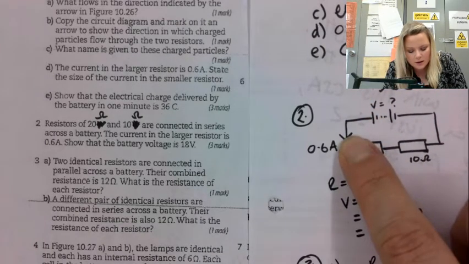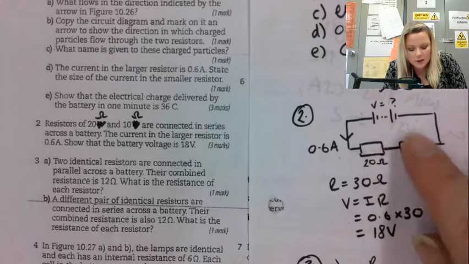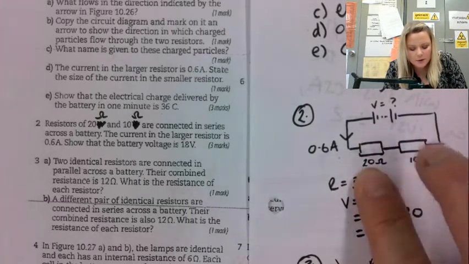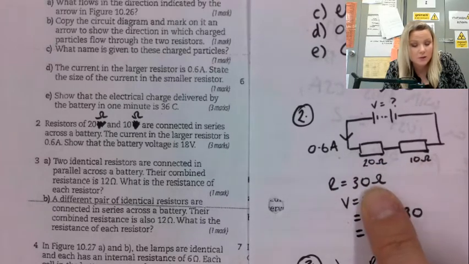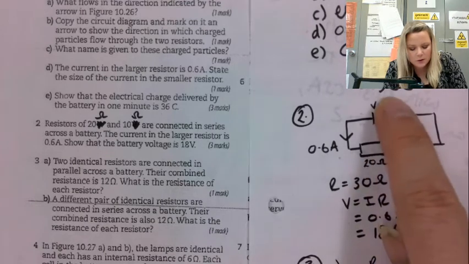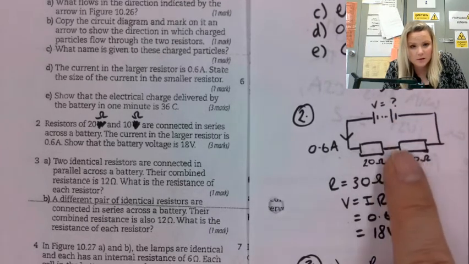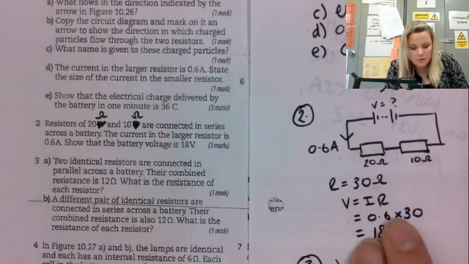This current here is going to be part of V equals IR, so with this voltage and the total resistance, because these are connected in series, our total resistance is going to be 20 plus 10, so it's 30. So that's the resistance that we use in V equals IR. Voltage from the power supply, total resistance of the circuit gives you the current that's drawn from the power supply. So there's my numbers put in, 18 volts.